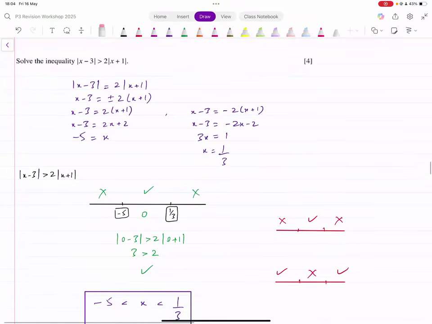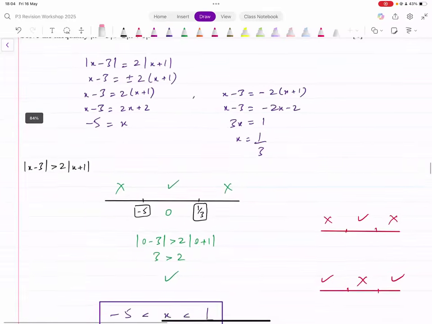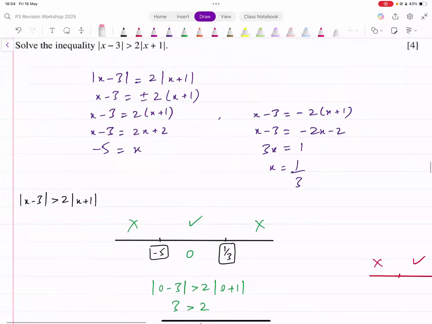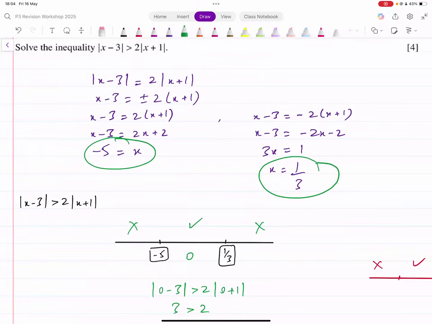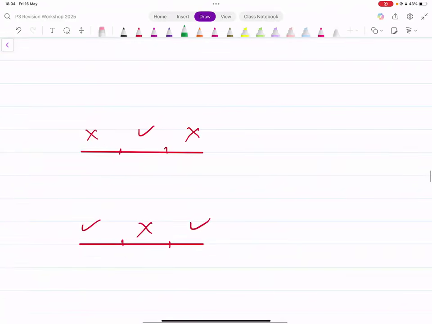Now, in this case, you have modulus on both sides. In this case, you can see we could do it more efficiently now. We solved this as an equation, found one value of x minus 5, another value 1 over 3, and we drew a number line like this. And now, since we had modulus on both sides, we knew that it could only be one of these 2 cases, right?